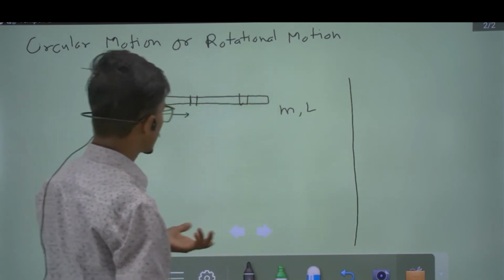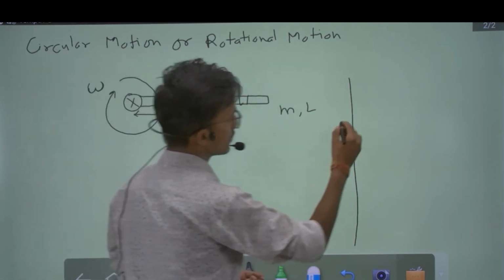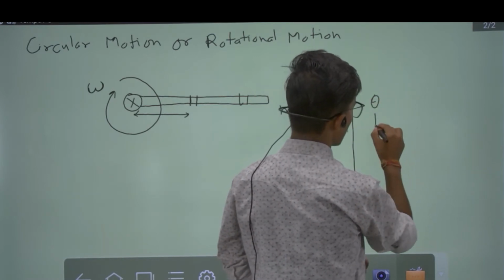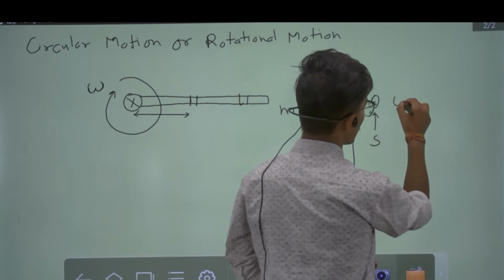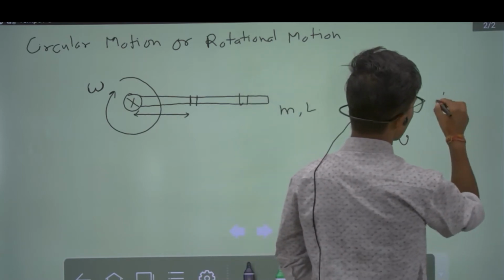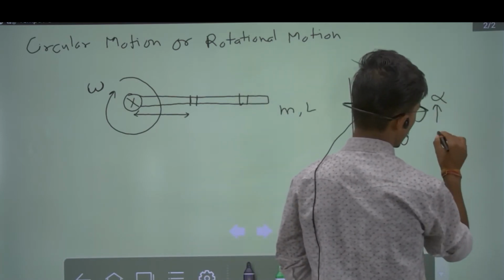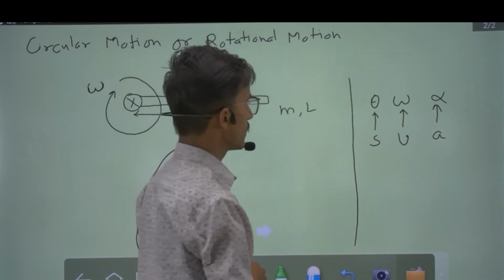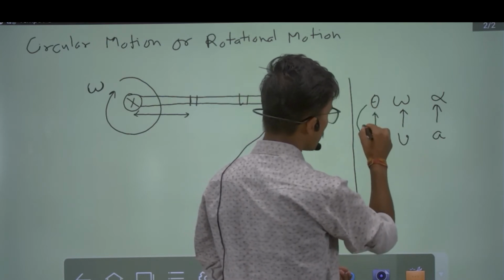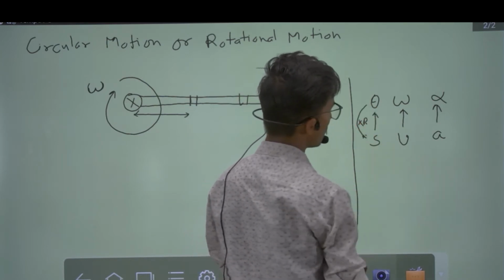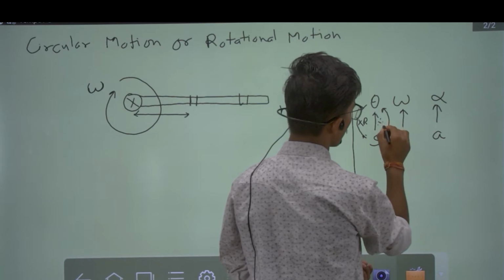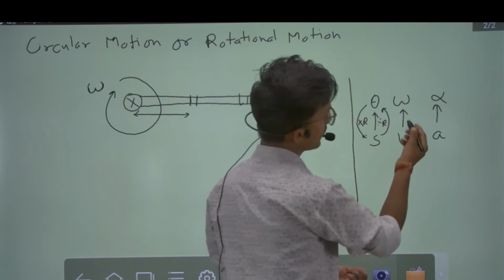In that chapter we already studied that we can find theta from displacement, angular velocity from velocity, and angular acceleration alpha from acceleration. To do that, we divide by r when going from s to theta, and multiply by r when coming from theta to s. The same thing applies here.